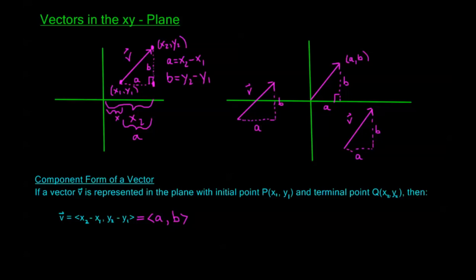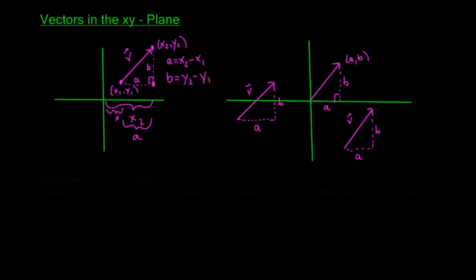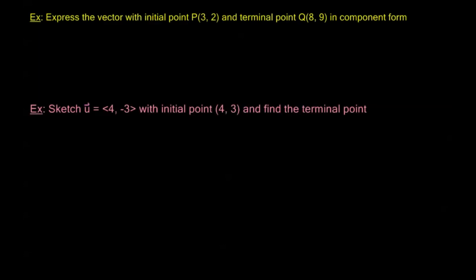So let's take a look at some examples we might get using this component form of these vectors. So first, let's say we're given this problem: express the vector with initial point 3, 2 and terminal point 8, 9 in component form. So let's say we call this vector v.